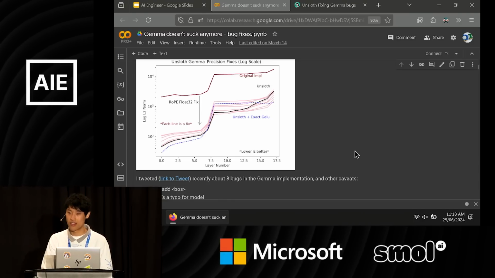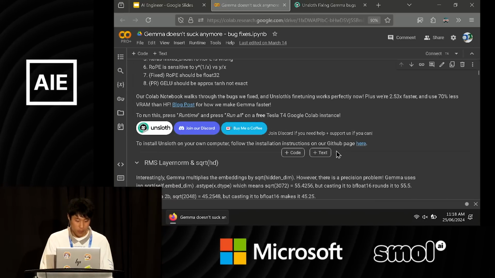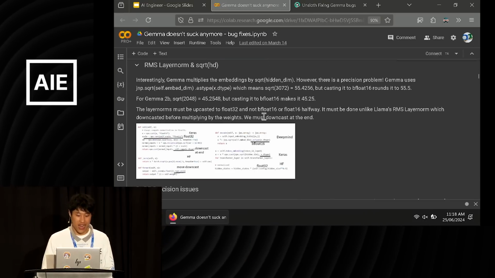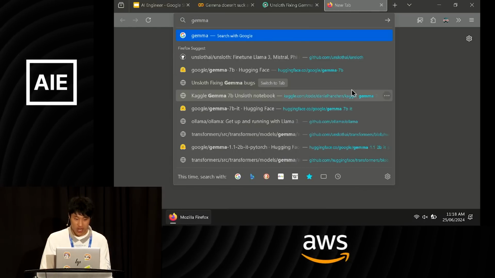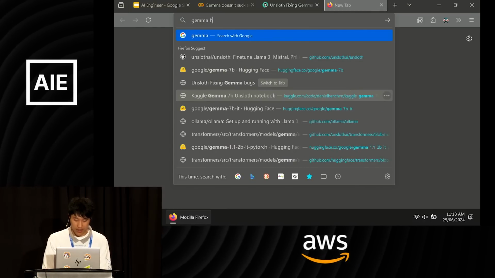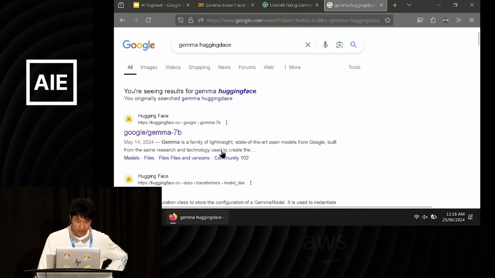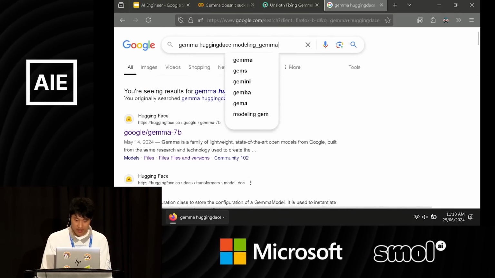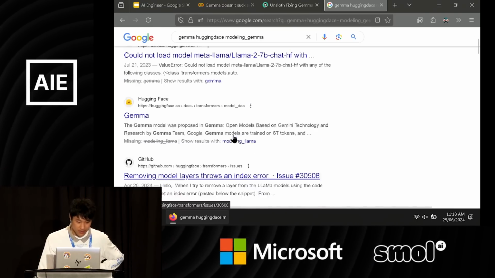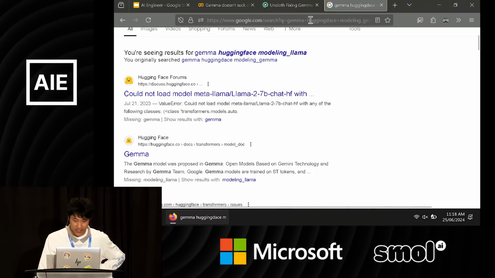Okay, yes. So there's a notebook where we show step by step exactly what we did. If you inspect the code, the Gemma code, it's modeling Gemma. Maybe I should just go to Hugging Face itself.